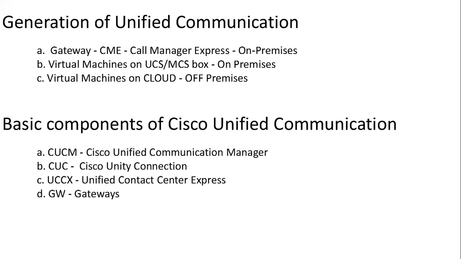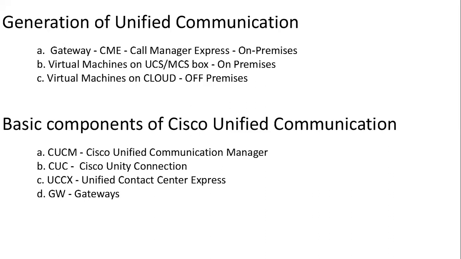So for CUCM, we'll talk about the overview of CUCM, why it is used, and what the use of CUCM is. CUCM is used basically for call processing, and it's the core of unified communication because all the devices are registered on CUCM, and we can manage the complete dial plan, translation patterns, routing, and all these integrations, be it the integration of CUCM with the gateway or Unity Connection; all are integrated with the call manager.